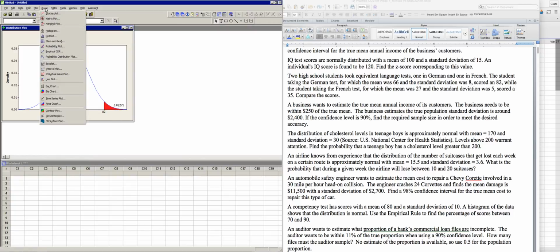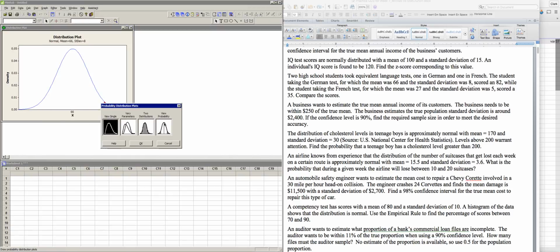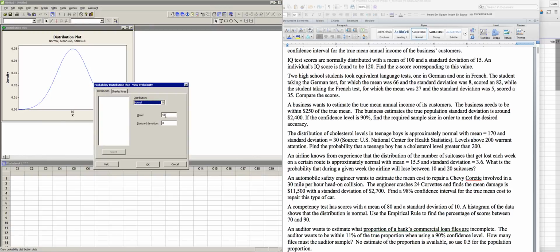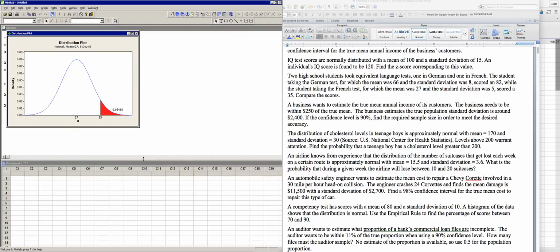And if we do this again for the other test, just change the data. Mean was 27, standard deviation was 5, and this person, we'll leave it in a right tail, got a 35.